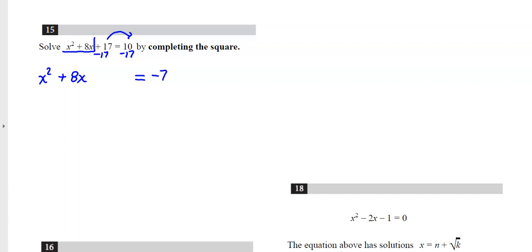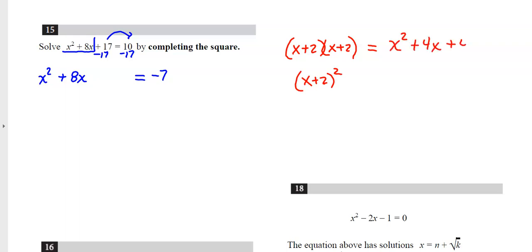Now, completing the square means a perfect square is when you have the same dimensions, like x plus 2 times x plus 2, or for short, x plus 2 squared. When you multiply all that out, you get x squared plus 4x plus 4.